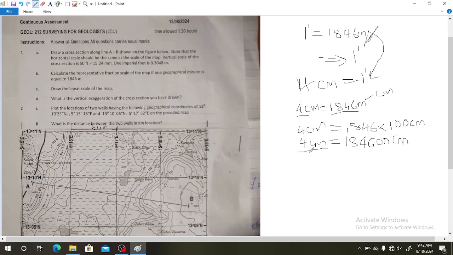Divide both sides by 4. This one will go with this. We are left with 1 centimeter is equal to this divided by this. Let me bring my calculator.